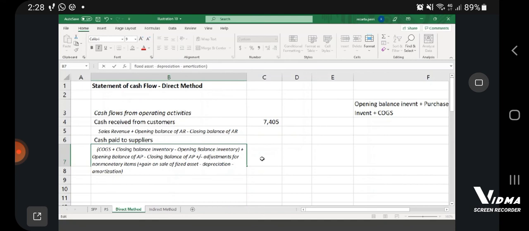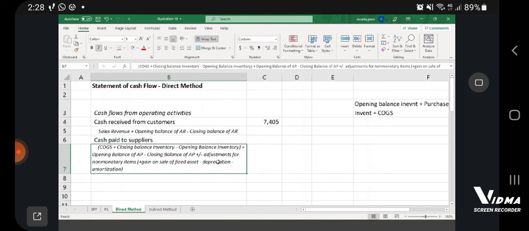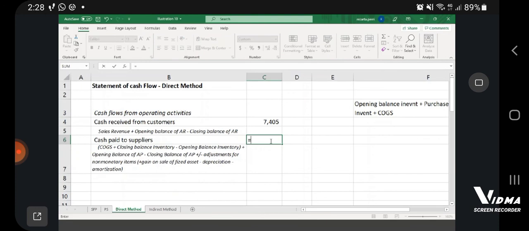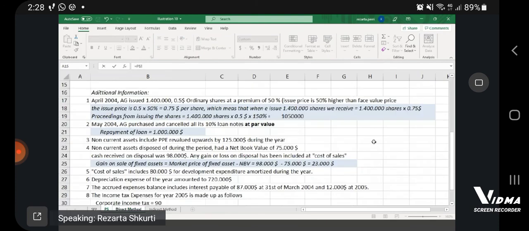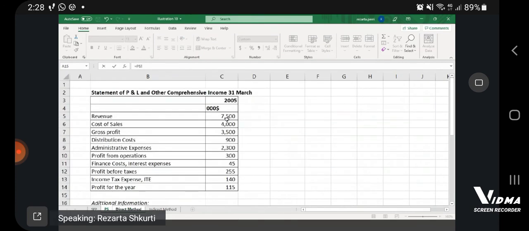This is what we need to do in order to calculate correctly the cash paid to suppliers. So we start with the amount of cost of goods sold over here. I have not represented cost of sales with a minus, so I'm just taking this information and later I will correct for the sign, okay?